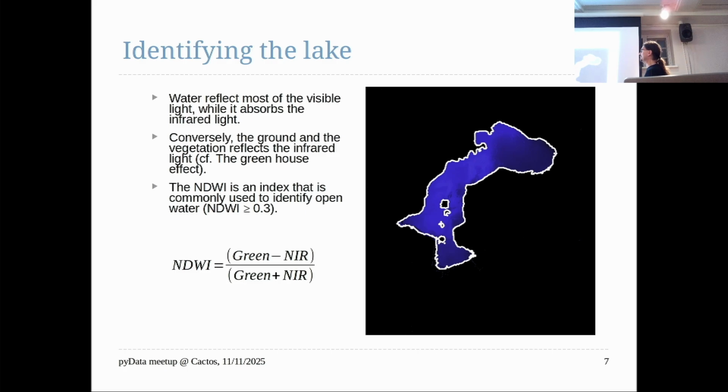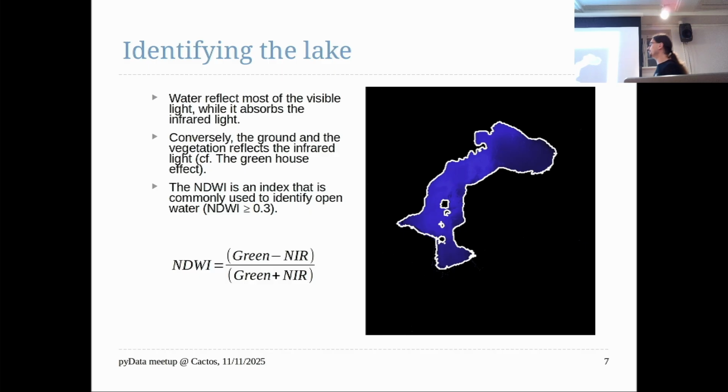Once you have the image, you basically use physical properties of the ground, vegetation, and water. The ground reflects light, this is why we see the ground, and infrared. I just refer you to the greenhouse effect. But contrary to ground, water absorbs infrared.